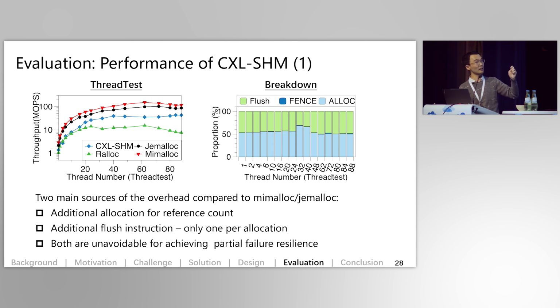The other is an additional flush instruction to flush the data to the CXL memory, which accounts for about half of the overhead. But since we only add one additional flush instruction for every allocation, we think this overhead is necessary, unless we can amortize it with some batching solution. So this is the performance of the basic memory management.